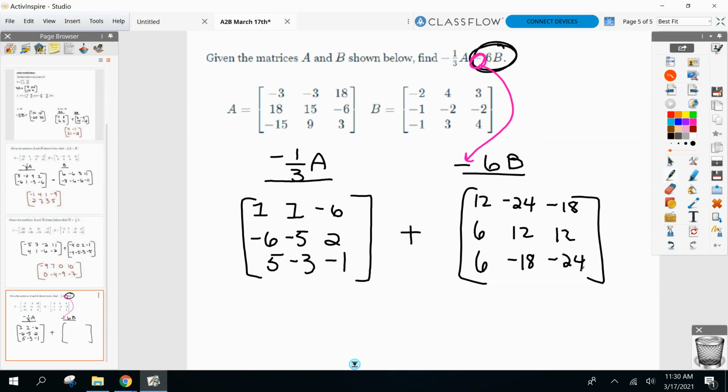There we go, and then add them together now. So that's the only thing you've got to watch out for there. Don't add an extra subtraction sign in.